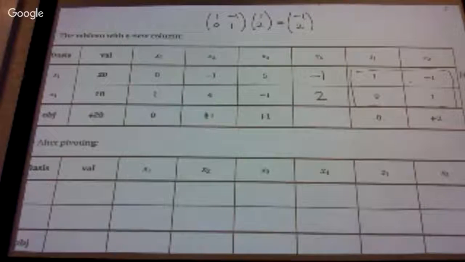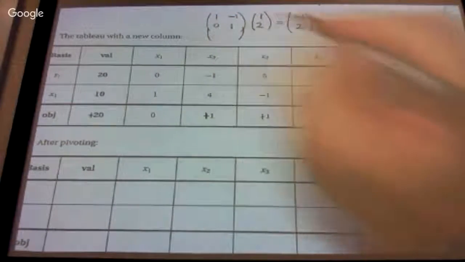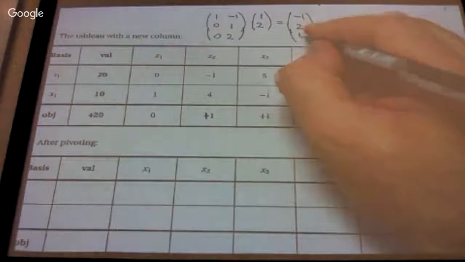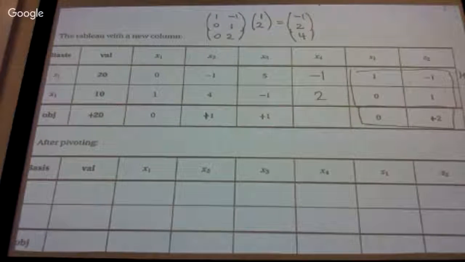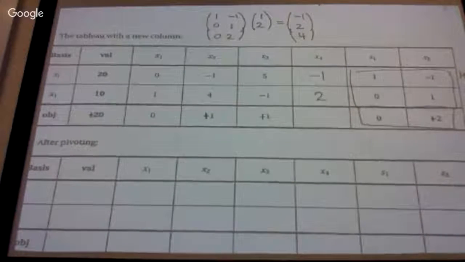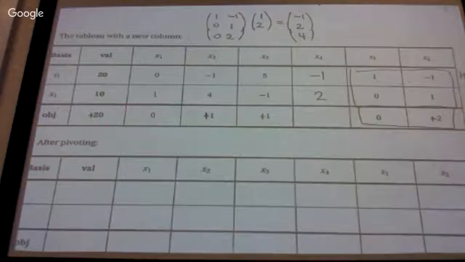Okay? And for the objective row, it's done in a similar way. So I'll just extend it because this extends to this bit, so 0 and 2. And if you times it by 1 and 2, you're going to get 4. Is it right? Yeah. So now one would be tempted to say that this is going to be 4, but it's not going to be 4. Because which bit of information did we use?